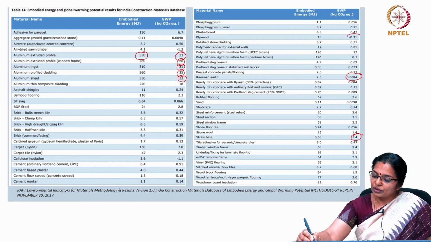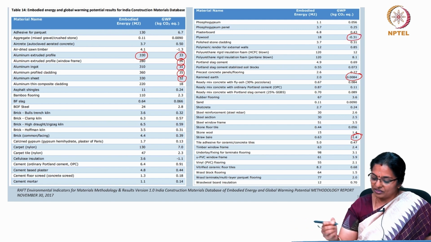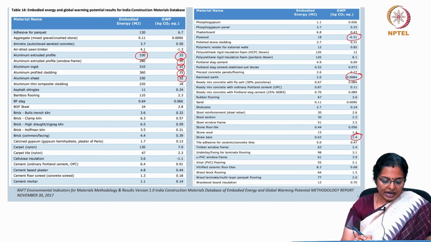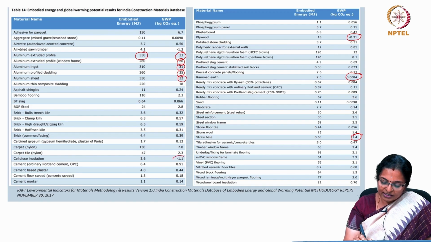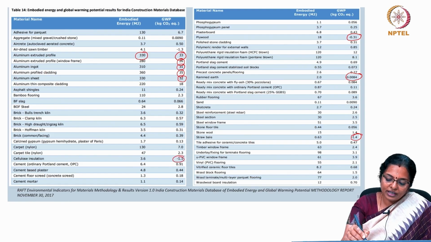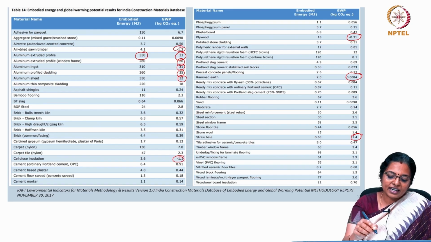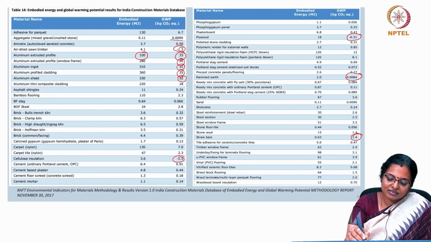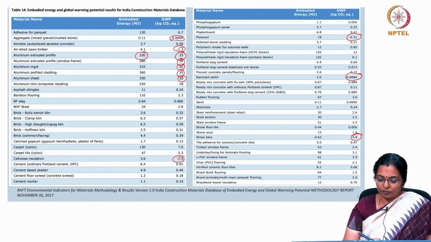Plywood, which is also largely from waste, is minus 3.1 and cellulose insulation is minus 1.1 based on how it is manufactured. Air dried sawn timber is also minus 1.1. Aggregate and crushed stone is 0.0090, almost close to 0.